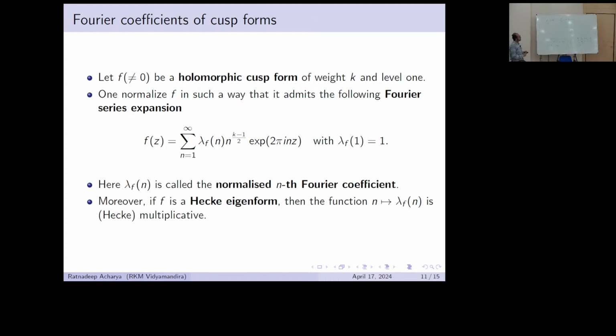And if f is a Hecke eigenform, so I don't define what is a Hecke eigenform, then under some assumption this function lambda f(n) is Hecke multiplicative. By Hecke multiplicative I mean it is multiplicative and even stronger than multiplicative. In that case for level 1, lambda f(n) is a real valued and multiplicative function.